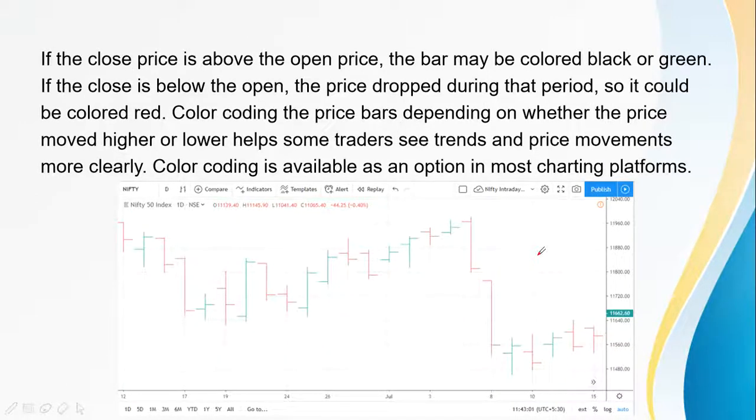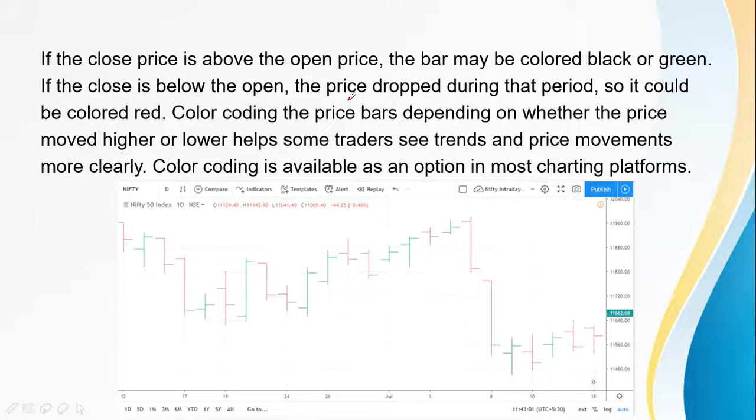If the closing price is above the opening price, as we've already seen, the bar may be colored black or green. This will indicate that the bar is bullish. If the closing price is below the open and the price has dropped during that period, it could be colored red, indicating that this is a bearish movement in that period of time.